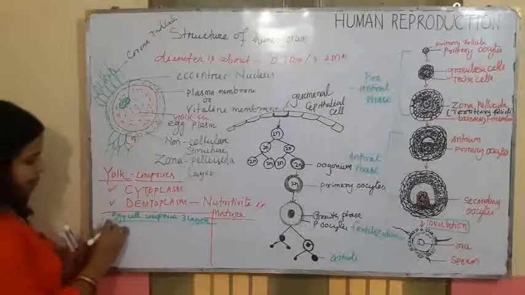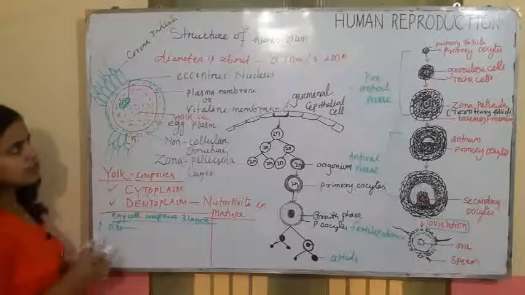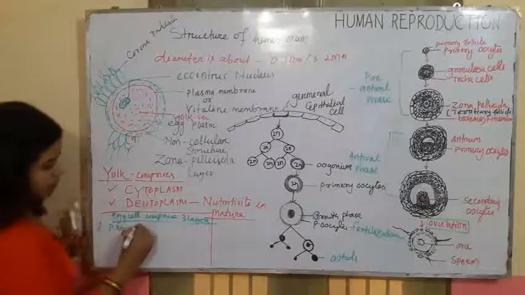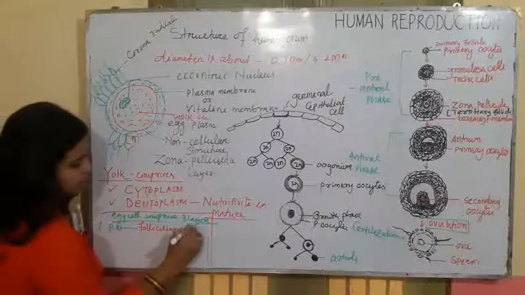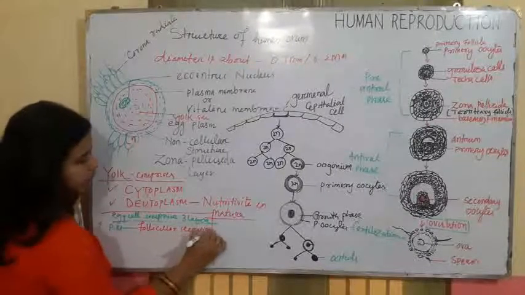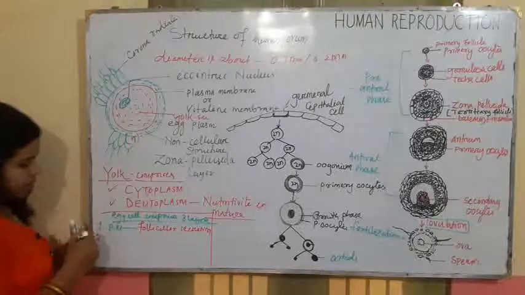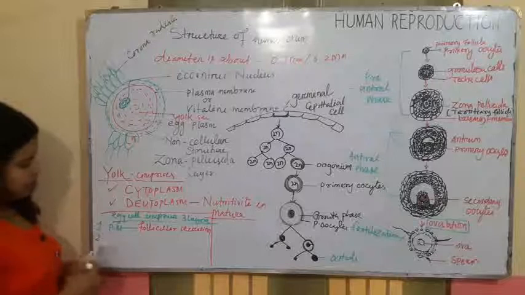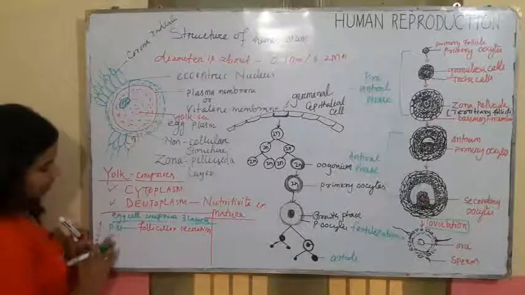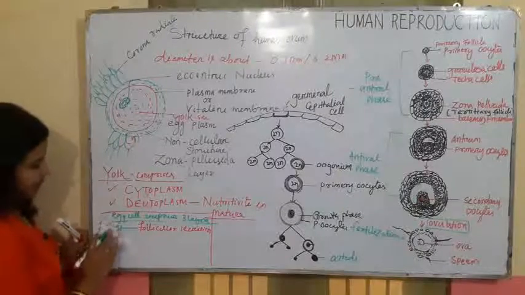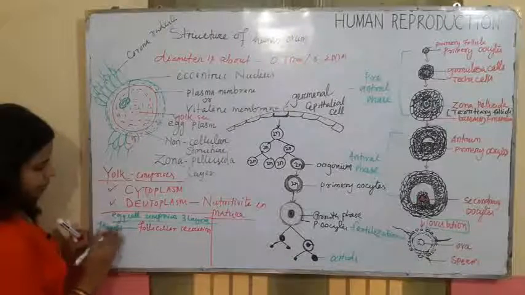The plasma membrane, which is formed by follicular secretions, or it is also called the vitelline membrane. The second membrane is the zona pellucida layer. You can say this is the primary membrane.